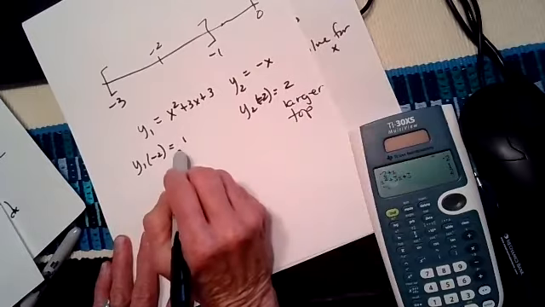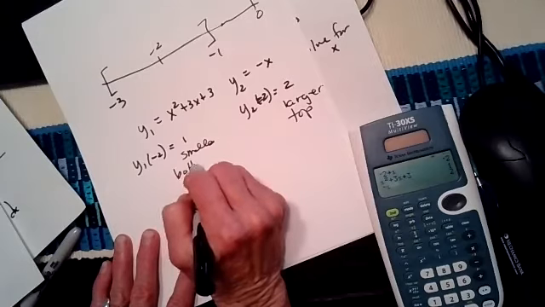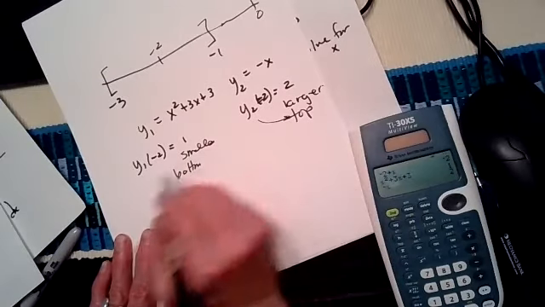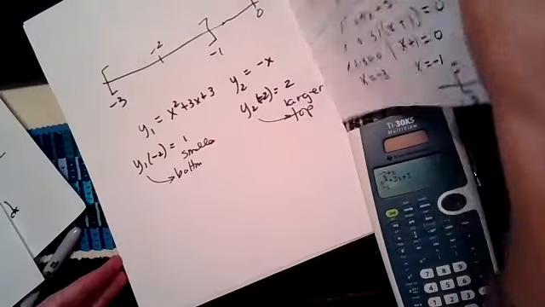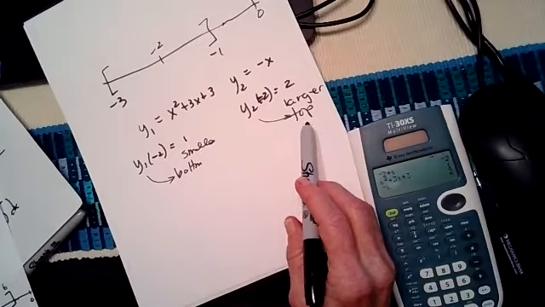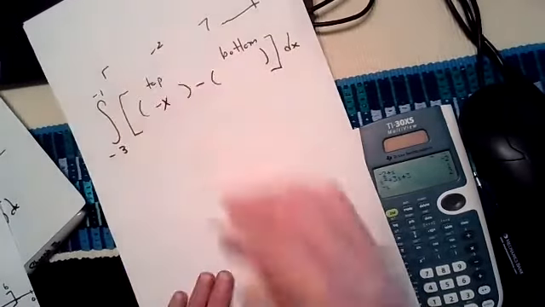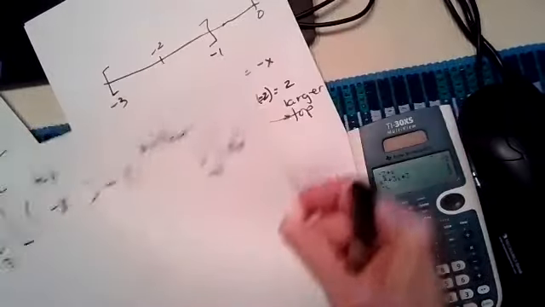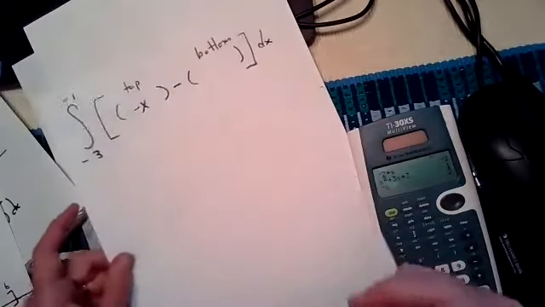And 1 is smaller, that's my bottom. So y2 is the top function and y1 is the smaller function. So let's go put those in. Okay, so we said the top function is y2, so it's negative x. And then y1 is the bottom function, x squared plus 3x plus 3.